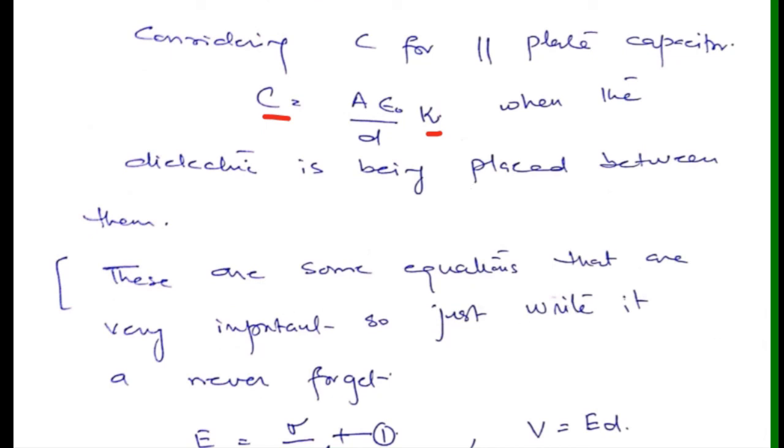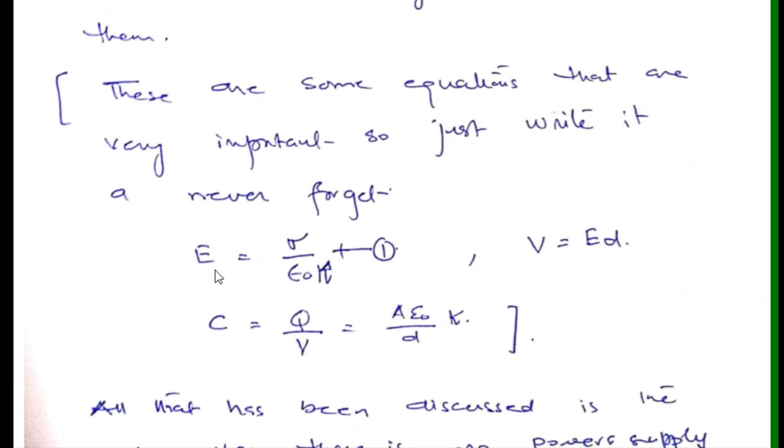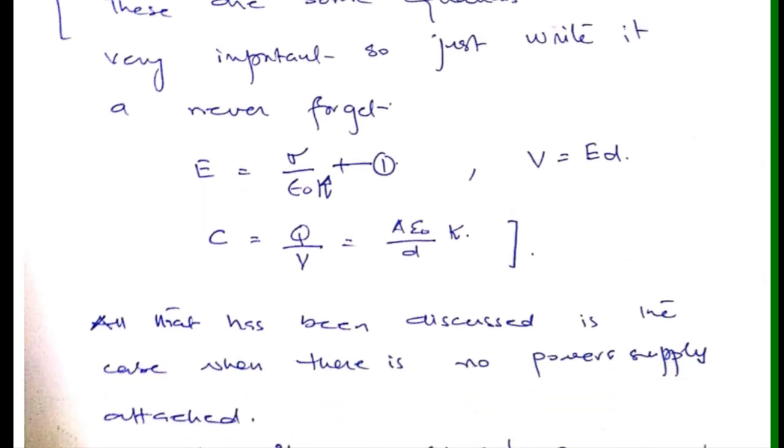Again, you have to remember these equations we have gone through before. E is equal to sigma over epsilon naught kappa, and V is equal to Ed, and this will help you in writing the formula for the capacitance.